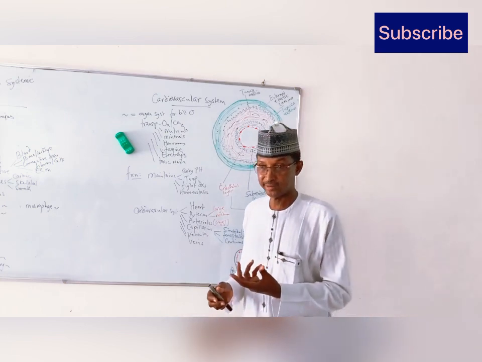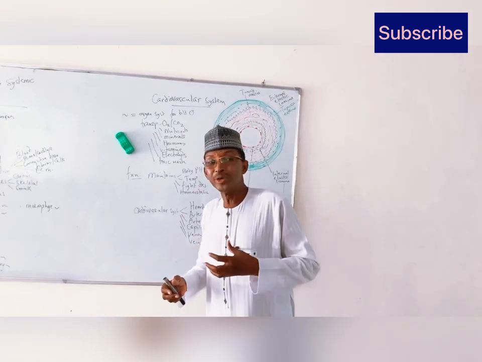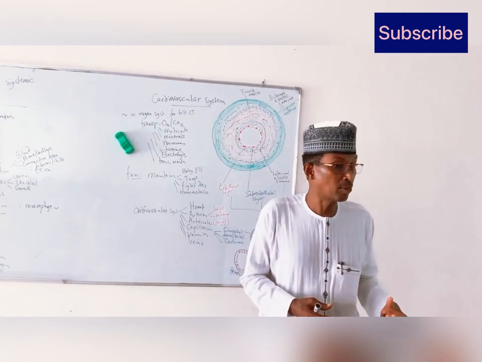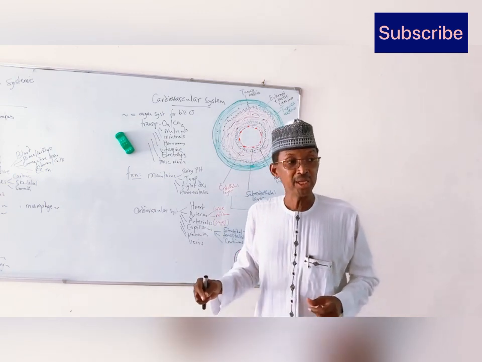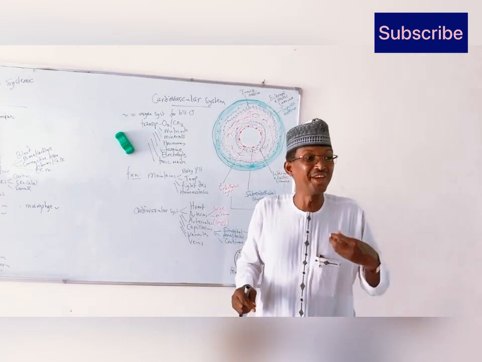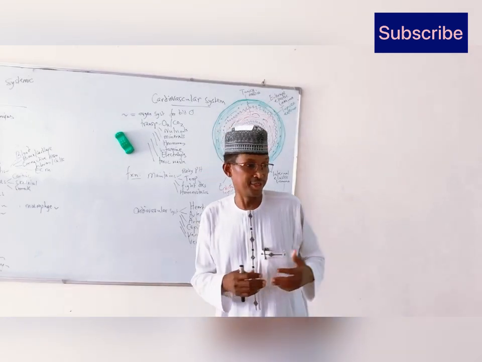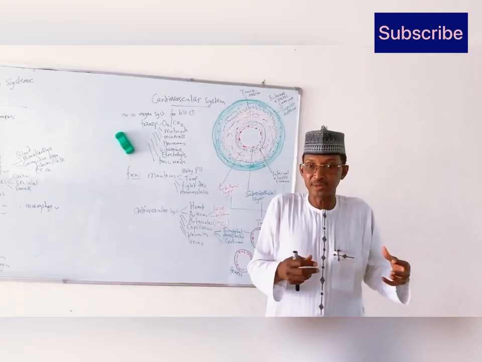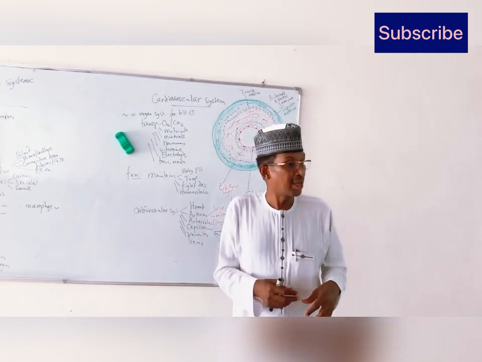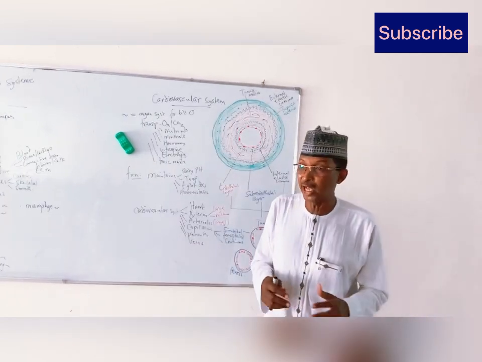When we eat, our gastrointestinal system or digestive system is responsible for degrading all the food substances that we eat, ranging from the hard substances like tuwon shinkafa, eba, amala, and so on and so forth.